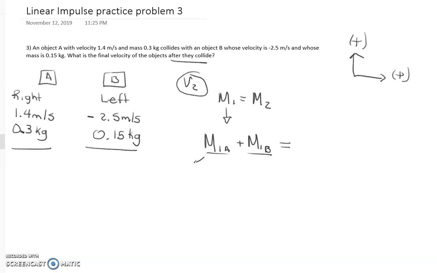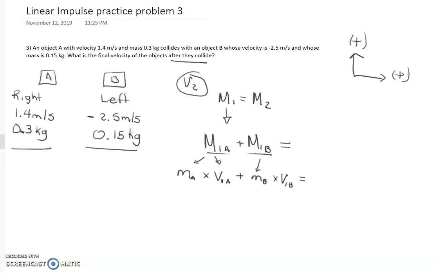Okay, so let's focus on this. This one is going to be equal to the mass of A times the velocity 1 of A, again before they collide, plus the mass of B times the velocity 1 of B, right?